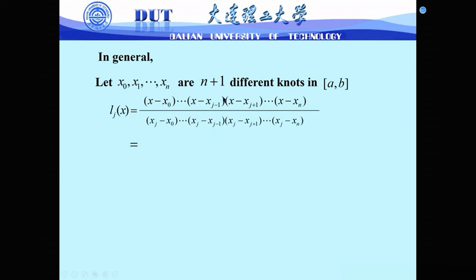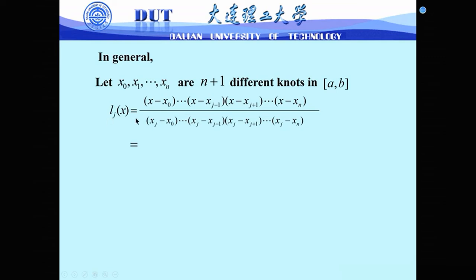Because there is no x minus xj in the numerator, we don't have xj minus xj in the denominator. Clear? This is Lj(x).